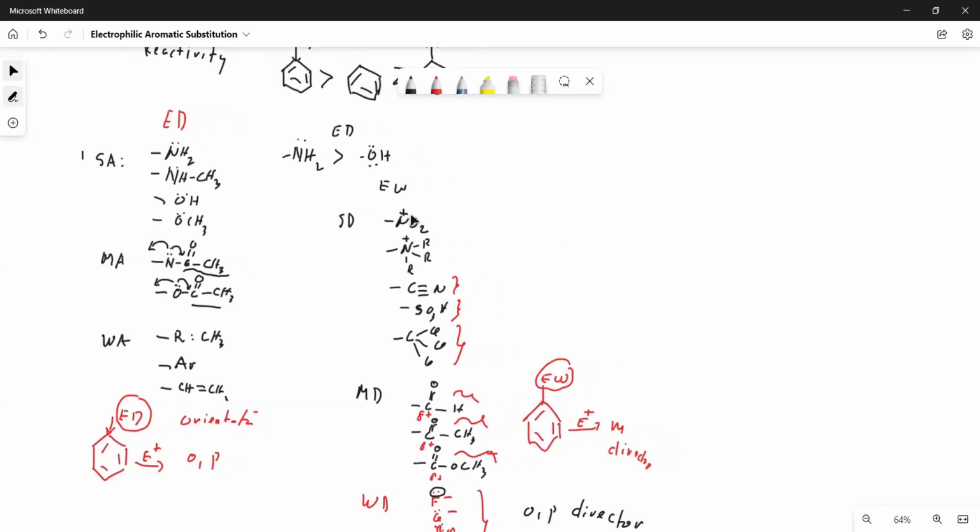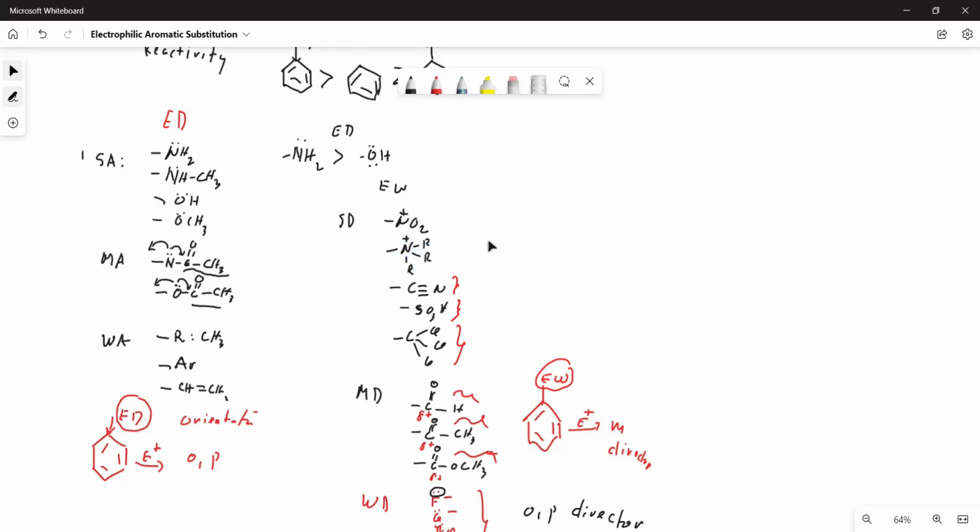So for strongly deactivating, you call that electron withdrawing or deactivating groups. This includes the NO2 and the nitrogen in its ammonium state, meaning salt form. You have the nitrogen there, but 4 groups are attached.